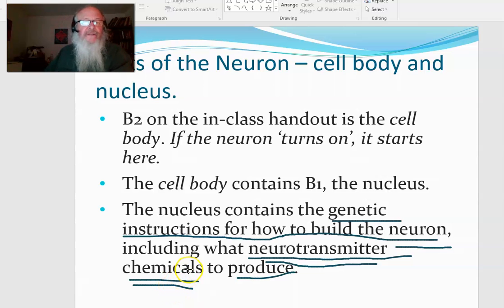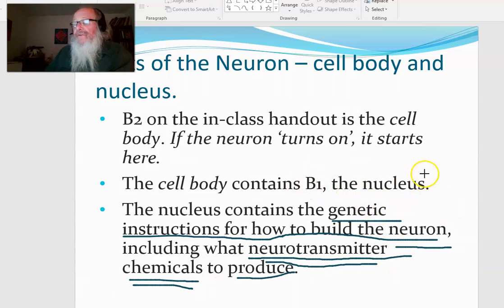So throughout this unit, we're going to be talking about neurotransmitter chemicals as being chemical keys that fit into locks. You may not know it yet, but in that video that we looked at in the previous presentation, and that we'll look at again later in this presentation, we've already seen the chemical keys at work, and there are a lot of different chemical keys that our nervous system produces for a variety of reasons.